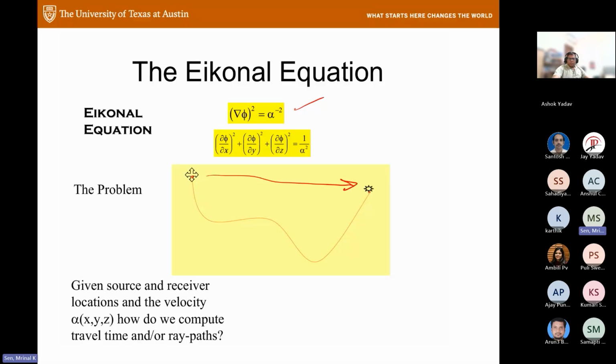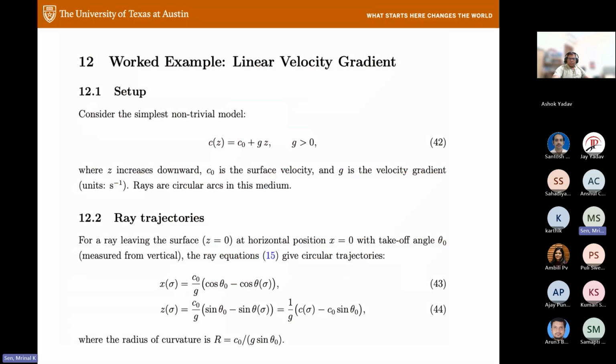So if you look at a linear velocity gradient, something like this, then you can show that your rays are circular arcs in the medium. Okay, and as a function of x and z, you can compute x and z using this.